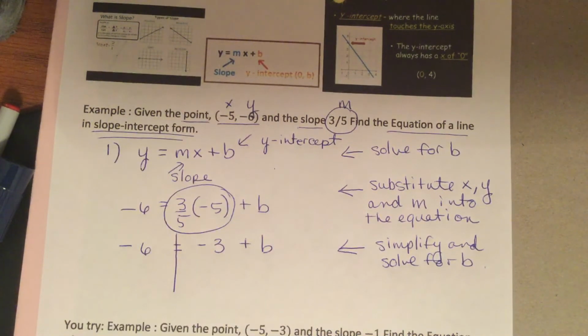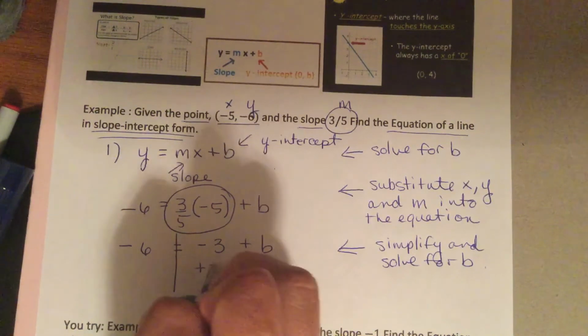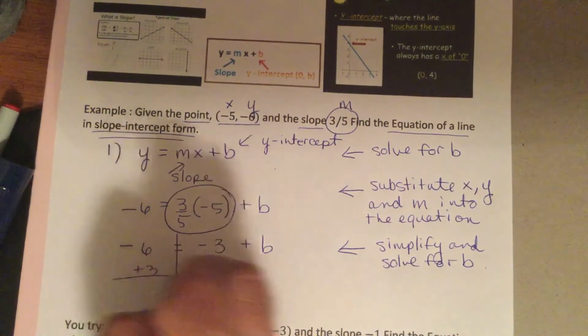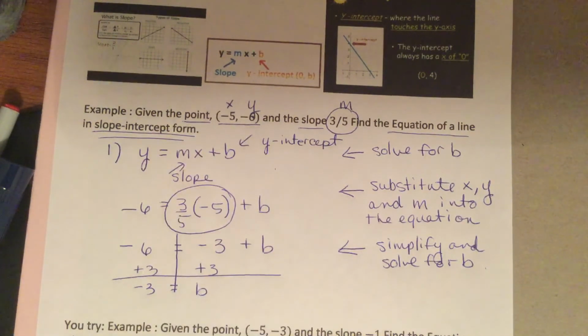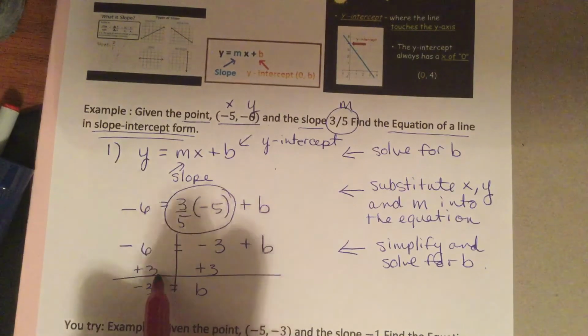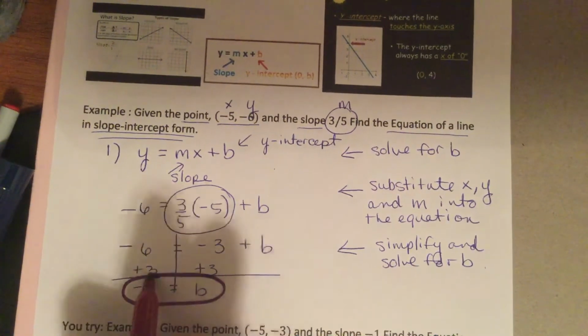Now we can solve. So we can solve by adding 3 to both sides, and we get b is equal to -3.